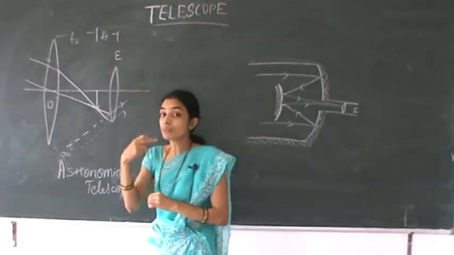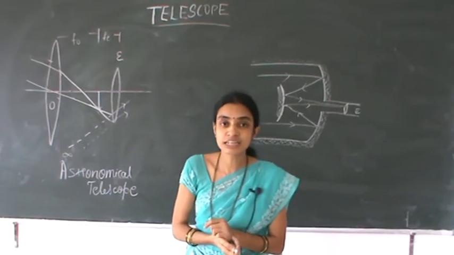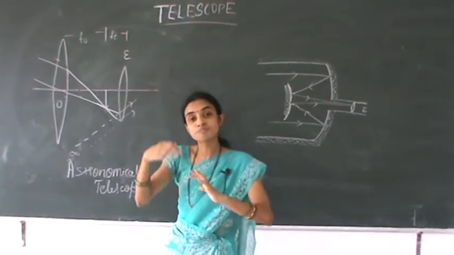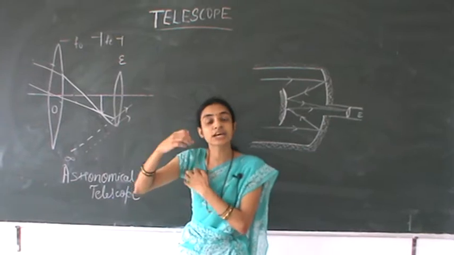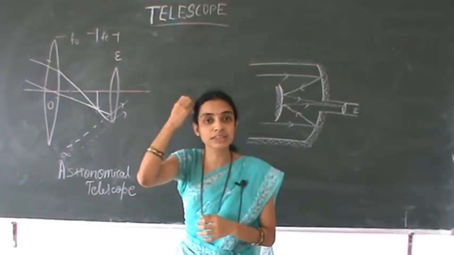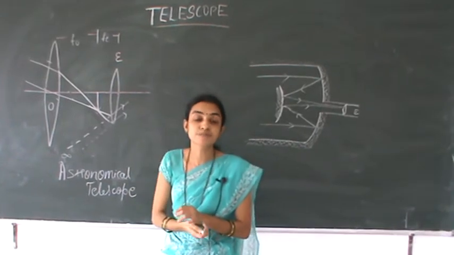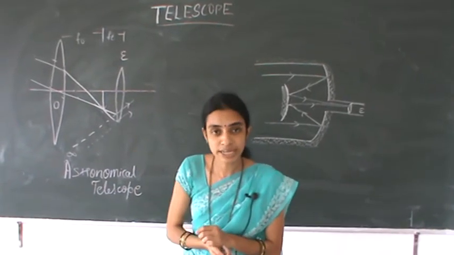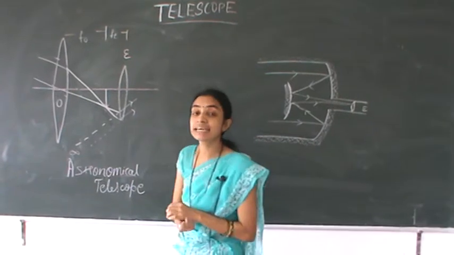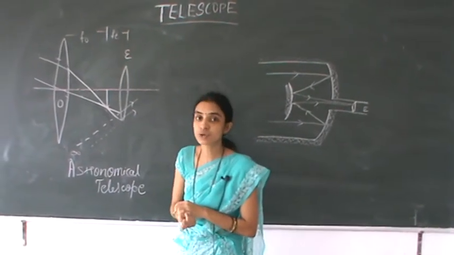One more is the terrestrial telescope, which is used to see objects present on the earth, for example an object on the peak of a mountain, or objects present on a tree, etc.